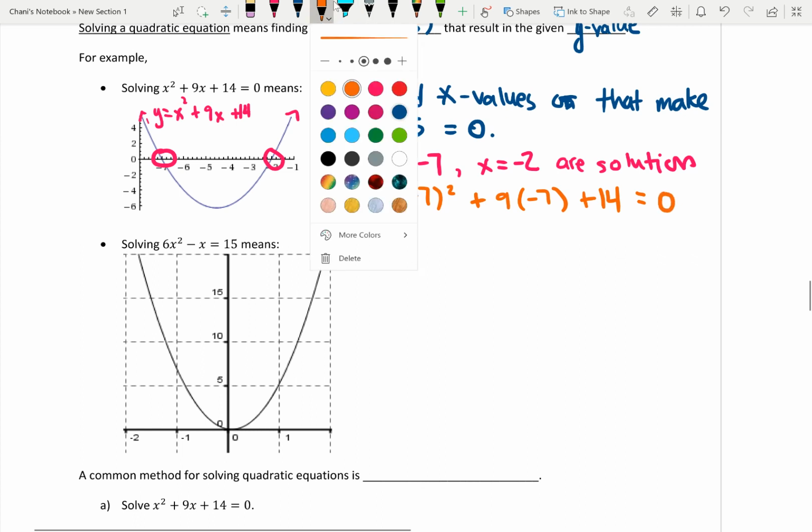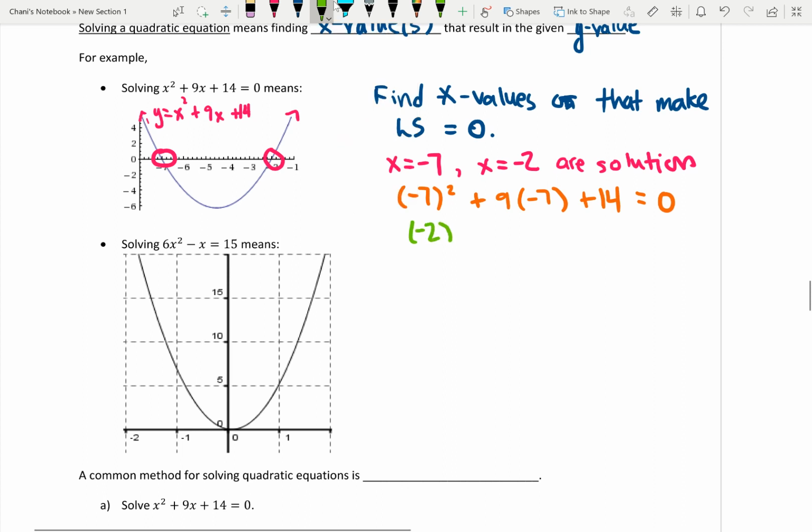Similarly, if I put in -2, so -2 squared plus 9 times -2 plus 14 is also equal to 0. Both these x values, when subbed into the equation, give a y value of 0. No other x values in the entire world do that. So you can actually get your calculator out and test it if you'd like.